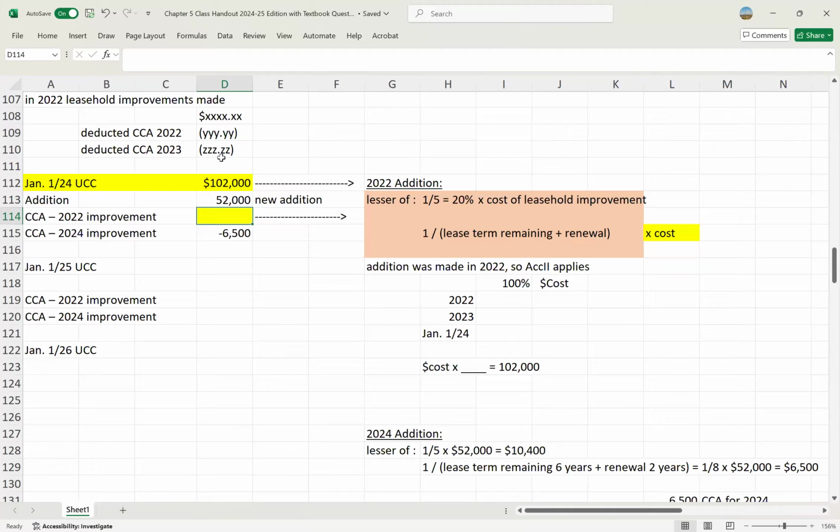So this is where things get a little more complex. We know that the improvement was made in 2022. We would have deducted an amount in 2022. We would have deducted an amount in 2023. And at the beginning of 2024, we're left with 102,000. The reason this is a little more complicated is that we're not told what the original cost was.